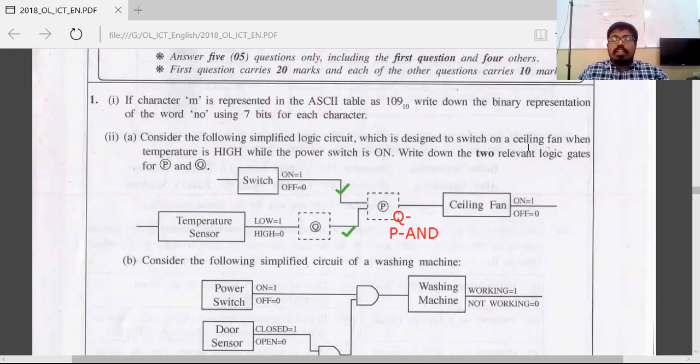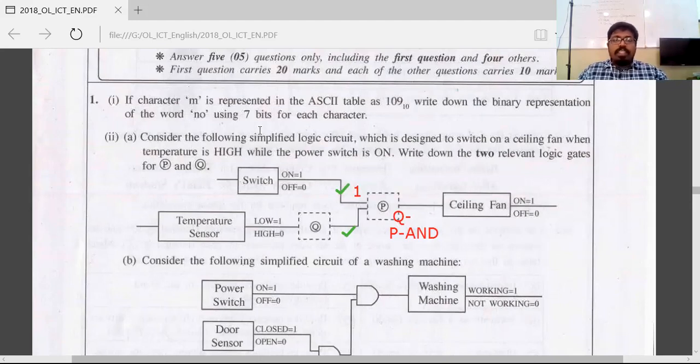Q here, when temperature is high while the power switch is on. So there's a little bit of confusion here. Switch is on, the Boolean value is 1. So in an AND gate, already one side is 1.